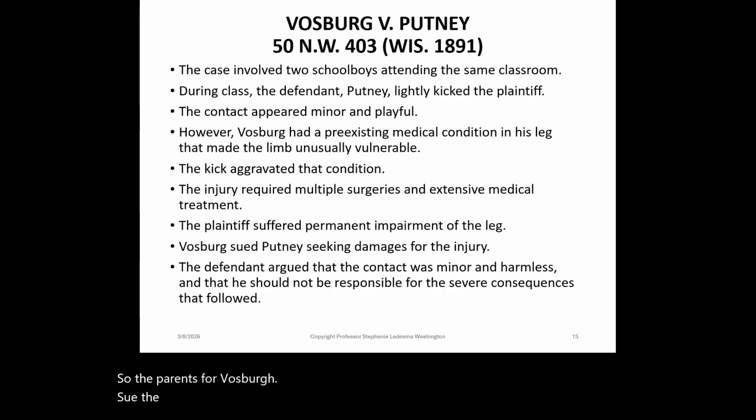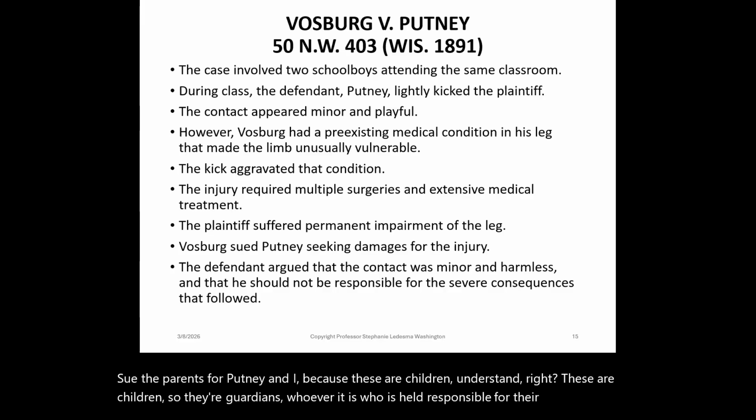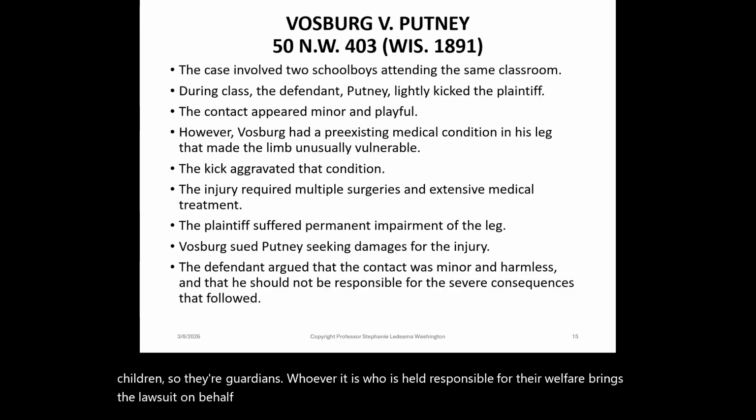Because these are children, their guardians, whoever is held responsible for their welfare, bring a lawsuit on behalf of the child. And so the plaintiff is seeking damages for this permanent impairment of their leg.